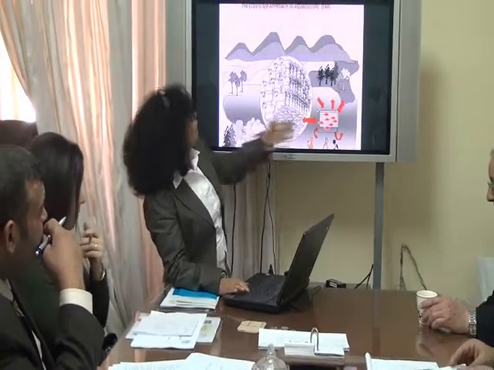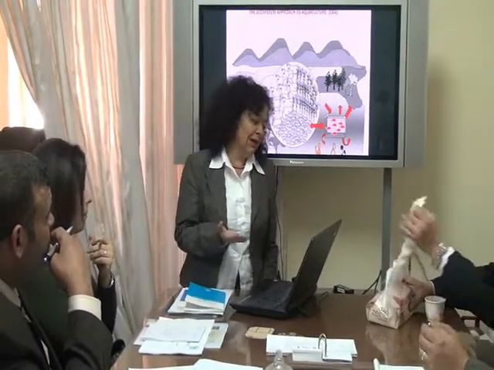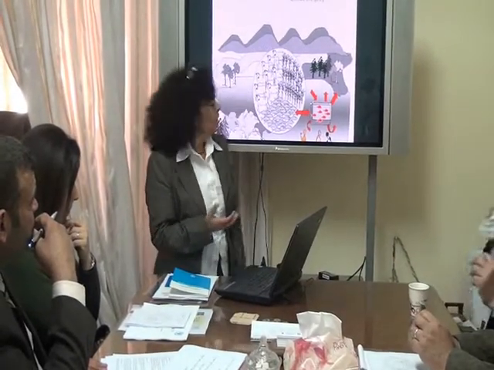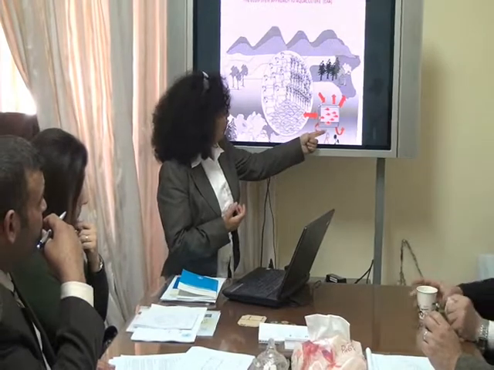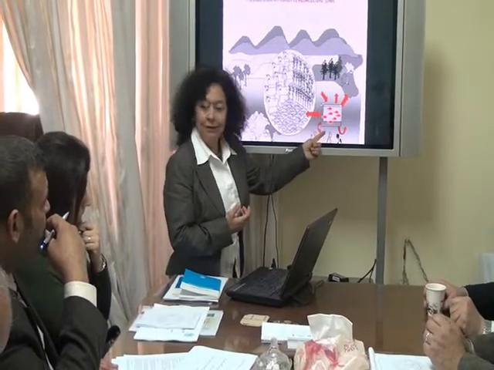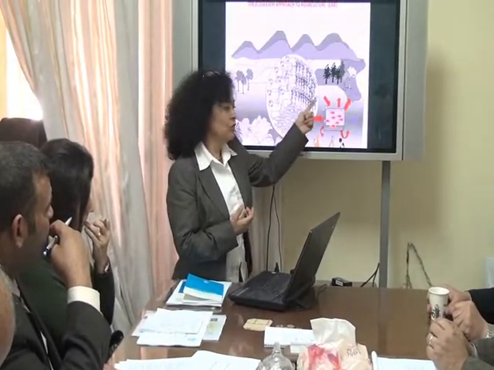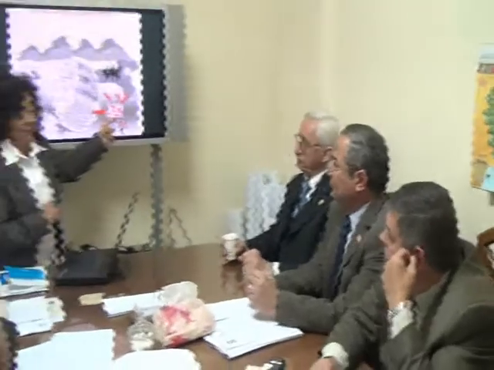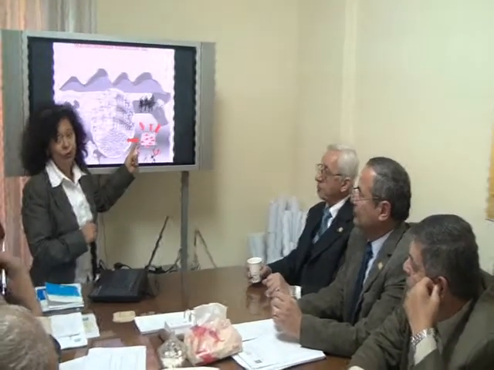So this is what we call the ecosystem approach to aquaculture. When we talk about the ecosystem approach to aquaculture, we are talking about how we can put aquaculture integrated to the other uses of aquatic ecosystems. And this is very relevant for arid countries like Egypt, because you need to share the water resources with other users.